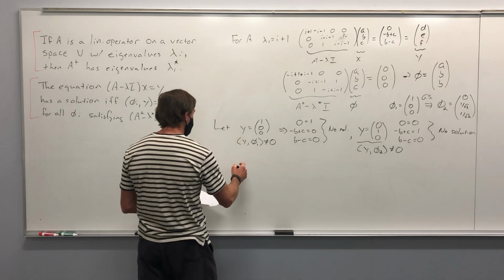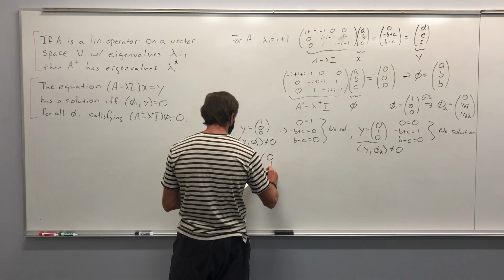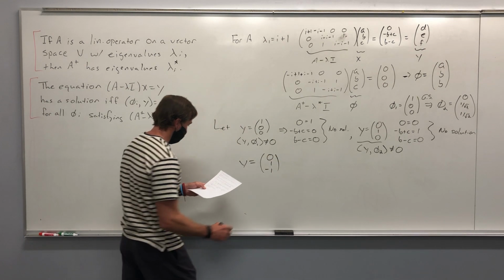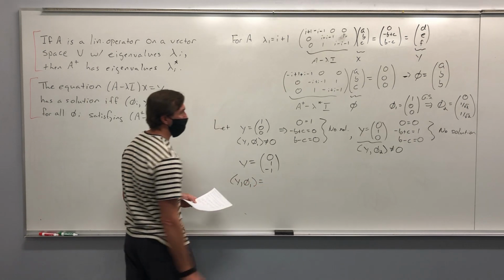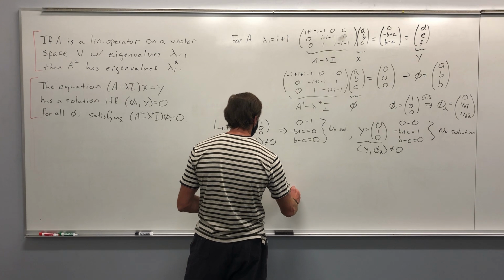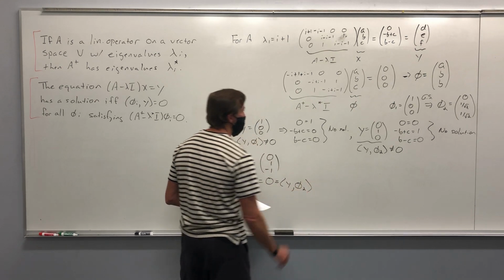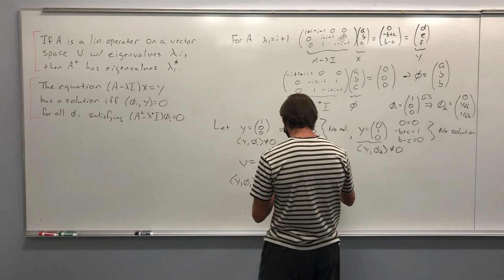Okay, let's try one that actually works. y is 0, 1, minus 1. The inner product of that with phi 1 is 0. Inner product of that with phi 2 is also 0. So what does this give us?